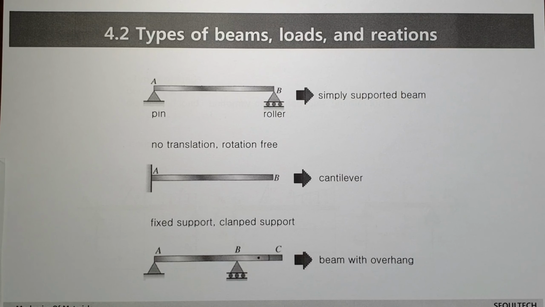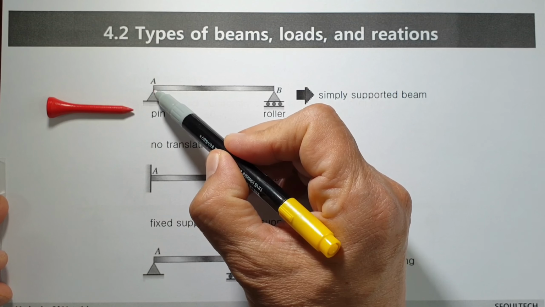Okay. Now let's think about beams and loads and their relationships, reactions. When you see the first one, on the left side, you can see a pin joint, a pin. When you consider a pin, rotation is free at this point.